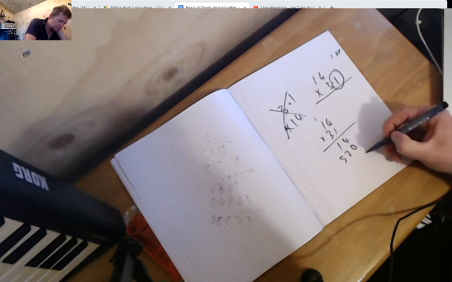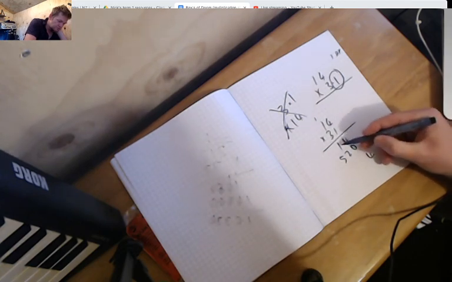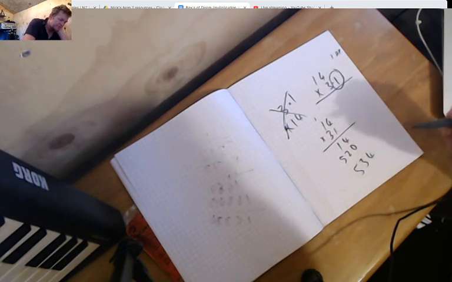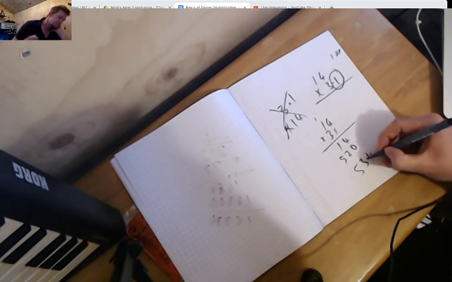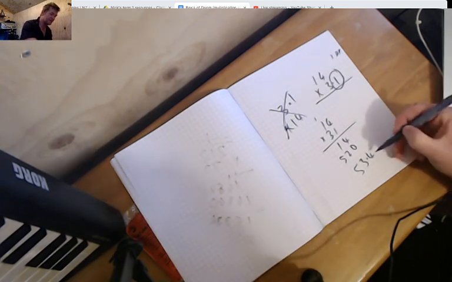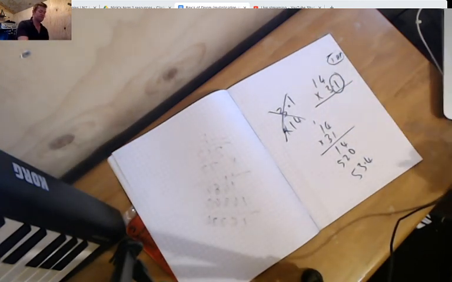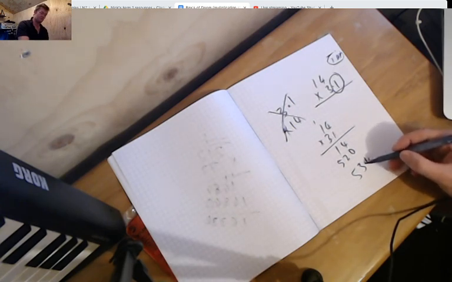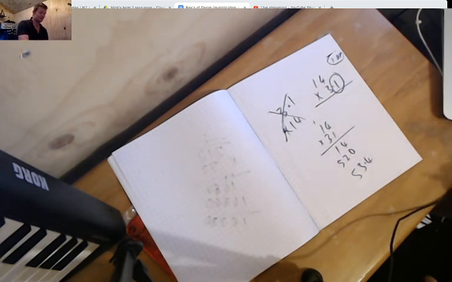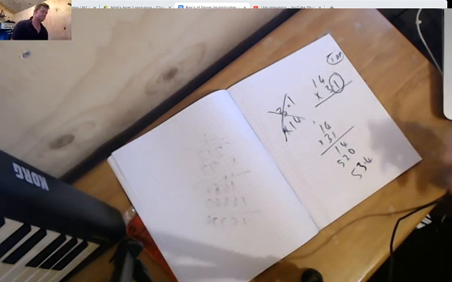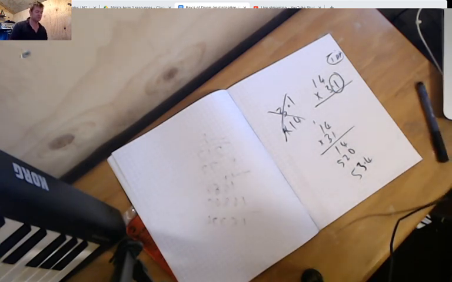So 4, 3, 5, and then I put the decimal place in. Because I have 1 DP, I've just written it up here, I've remembered it, then I put it back in. 1 decimal place back in. That's always been how I've done it, and it consistently gets you the right answer.